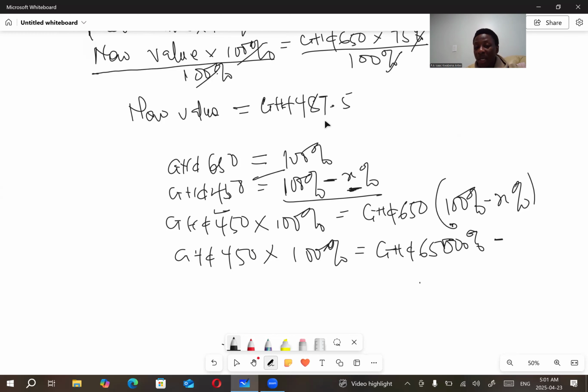If you want to ignore the percent, there is a way to go about that. Because 100% in itself is 100 over 100, isn't it? So that would have been 650 times this. I'm sure that's what he did to arrive at that figure.